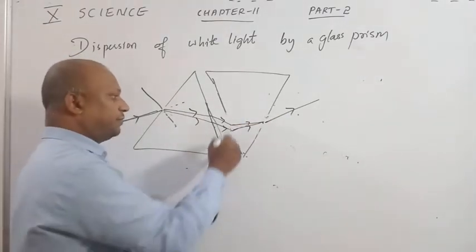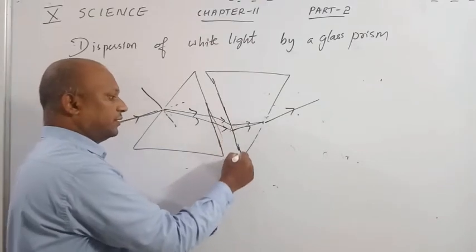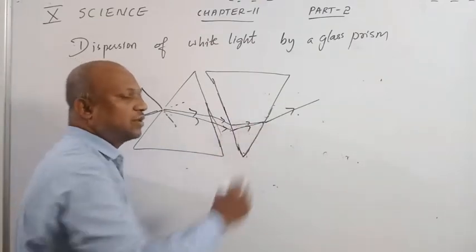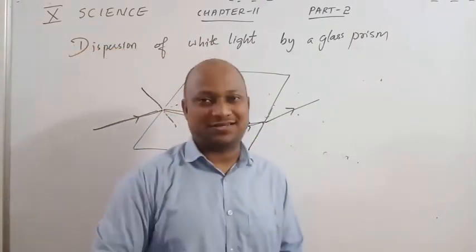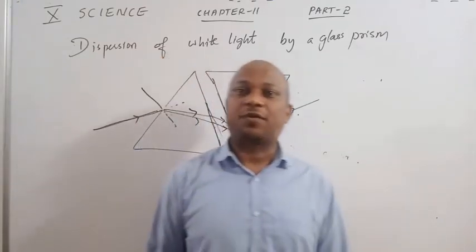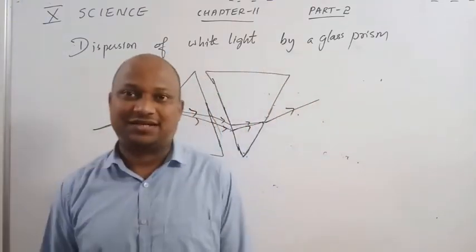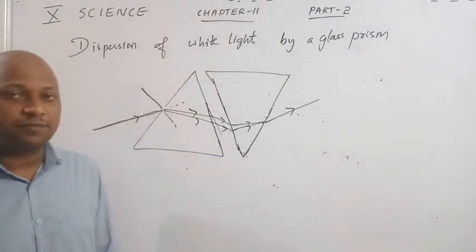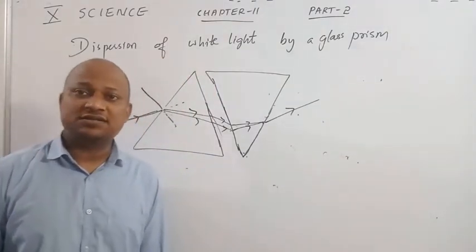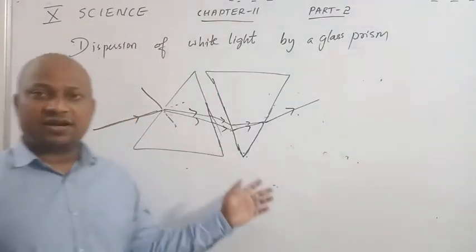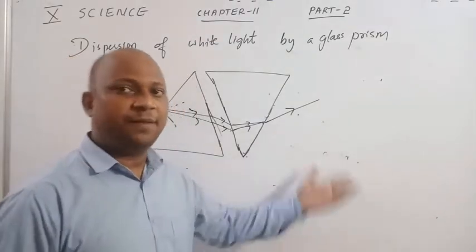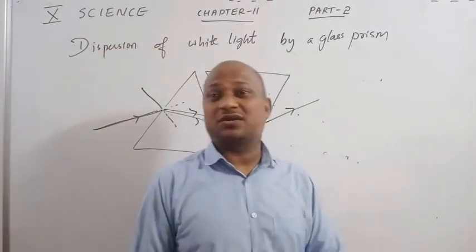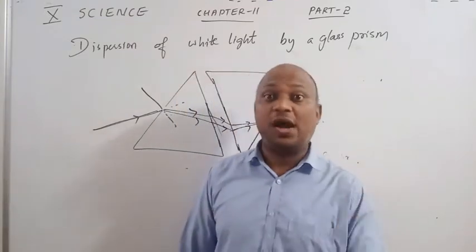So this experiment proved to him that this is not the property of the glass prism. This is a property of the light actually. When it enters the glass prism, it splits into several colors, and the several colors again join to form the same white light, because it is not a property of glass, it is a property of the white light.